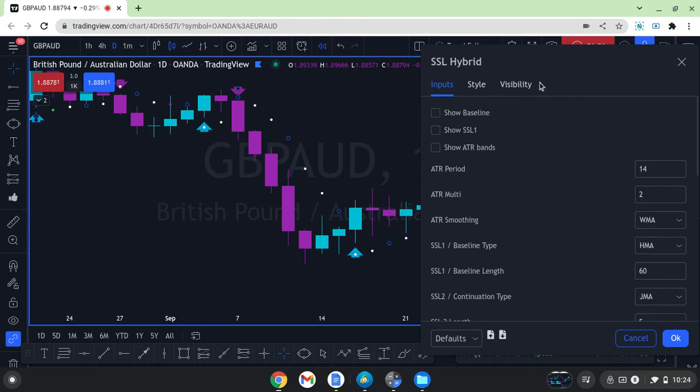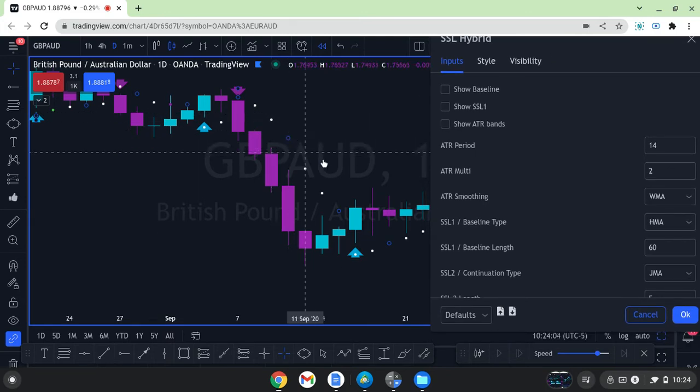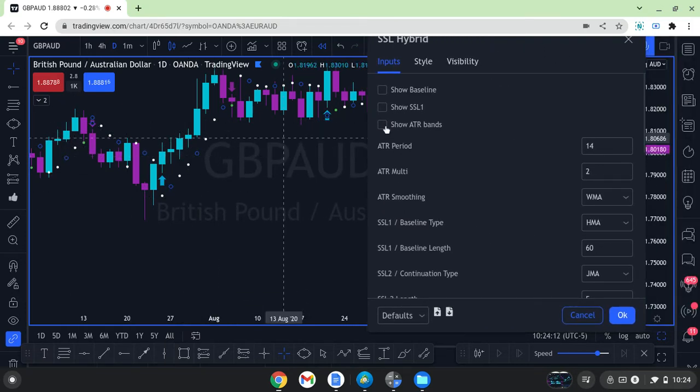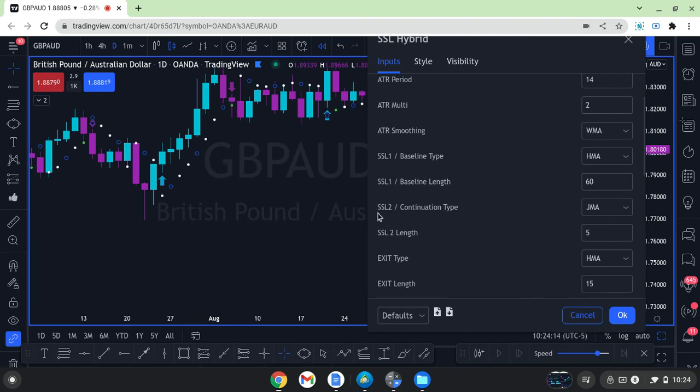I'm going to show you what I mean. Watch these dots. If you can't understand what the purpose is, go back to the settings and play around with them to see how things change. To prove to you that it's a continuation, see the continuation type, it has the word SSL2 continuation. I'm going to change the length of it and just watch the dots change.